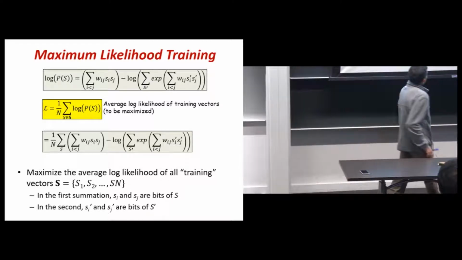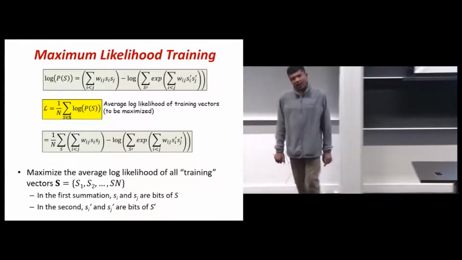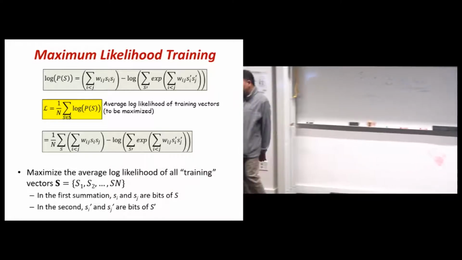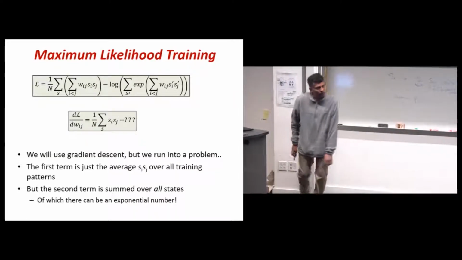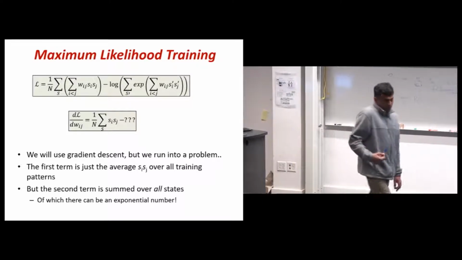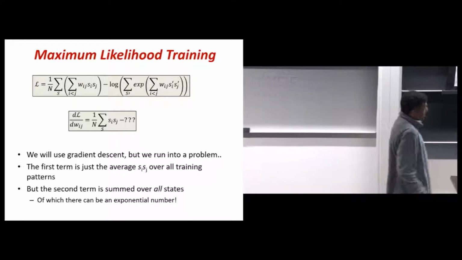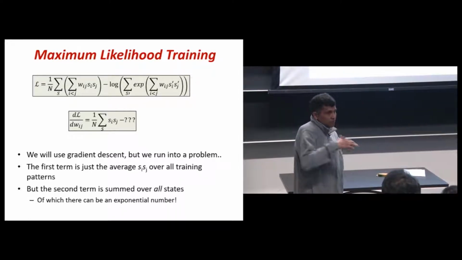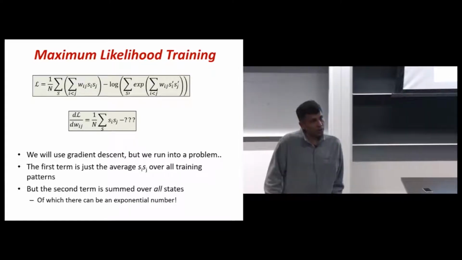So now, if I want to perform something like gradient descent, I'm going to have to compute the derivative of this log likelihood with respect to every term, right? Now consider the derivative of the very first term with respect to any w_ij. The first term simply comprises w_ij times the product of bits.